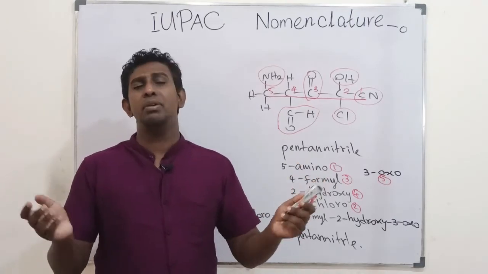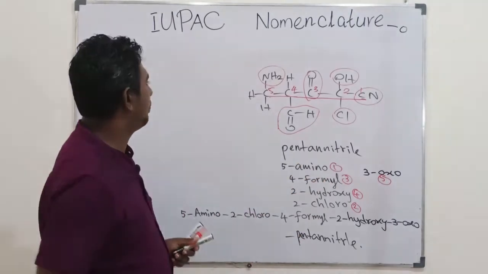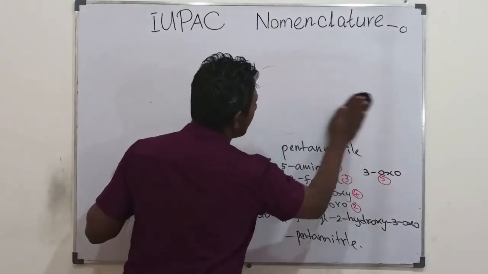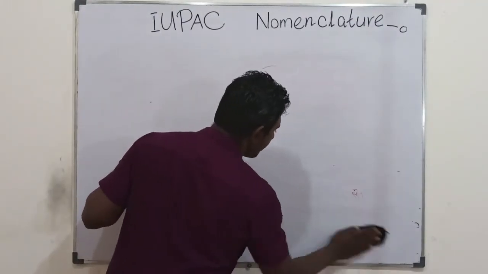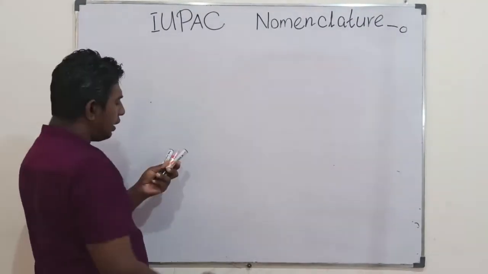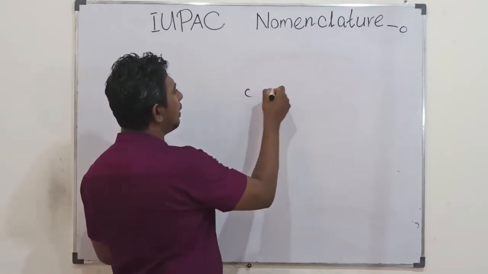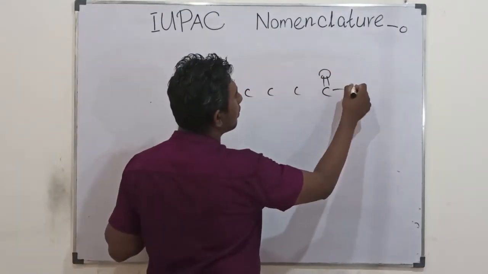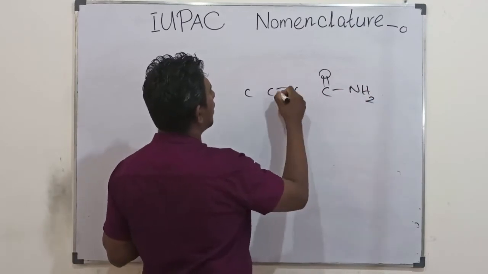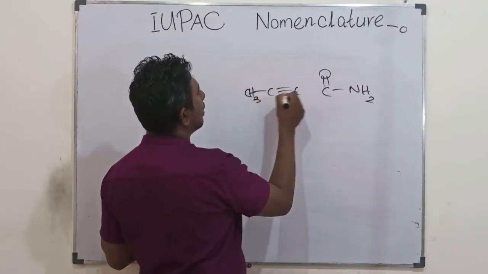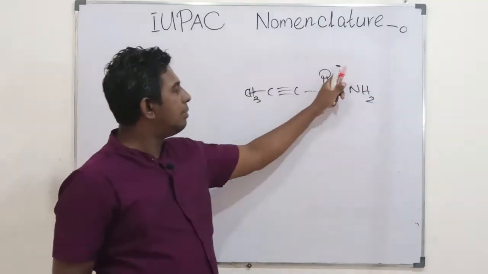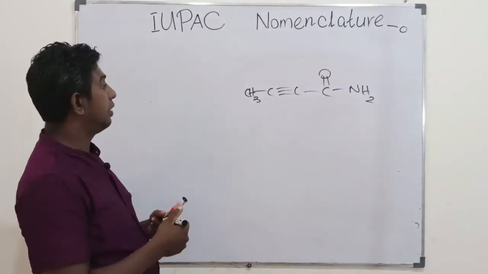Okay, let's talk about a few more molecules. Students, next I'm going to take a molecule having this functional group. It is an amide group, amide.